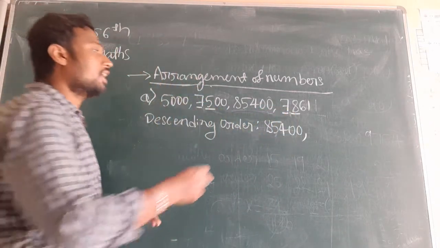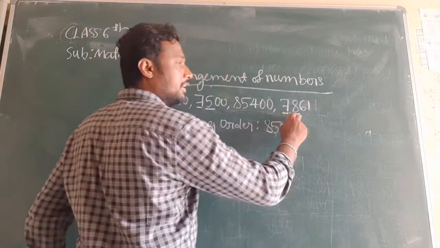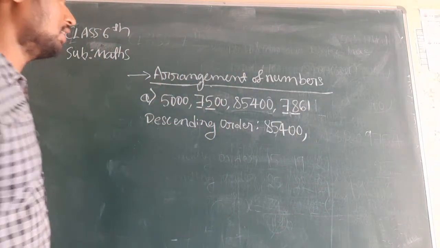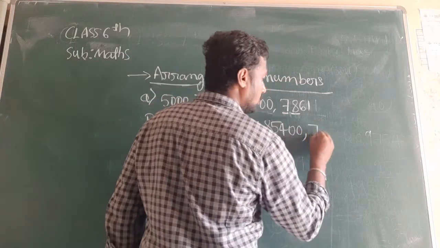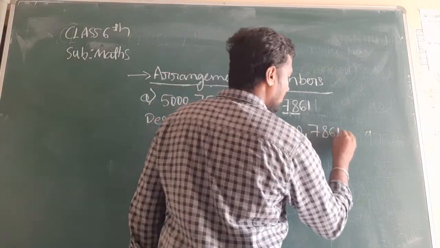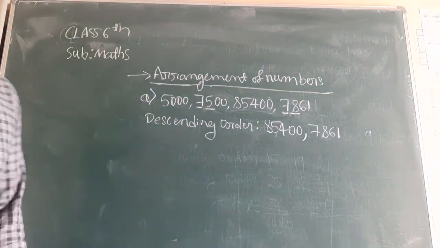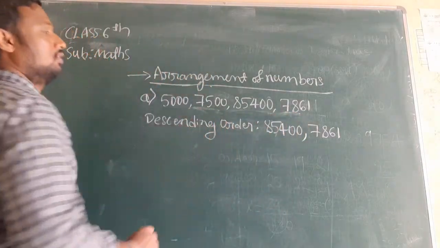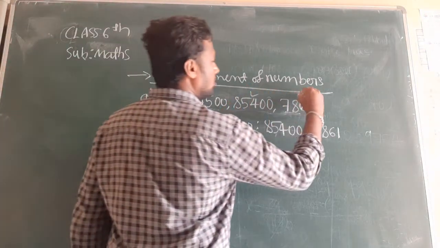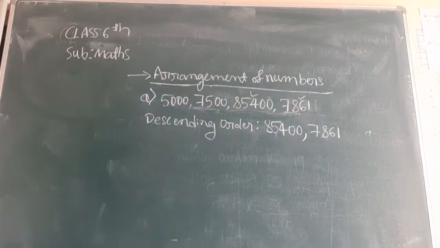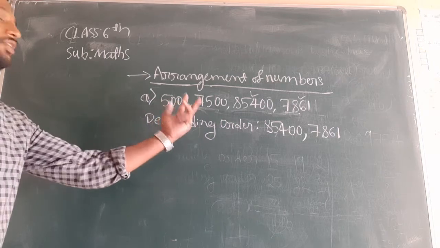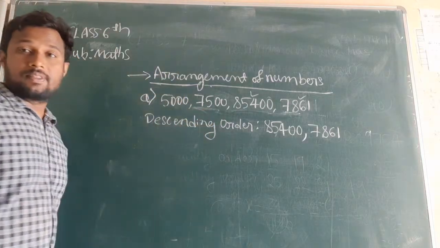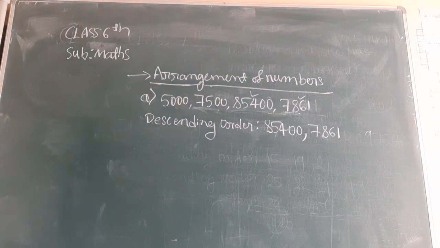So we can tell that this 7,861 is greater than 7,500. So here I will write 7,861. This is the next greatest value. Okay. So now we have written these two numbers. Still these two numbers are remaining. In these two numbers, which is the greatest value?